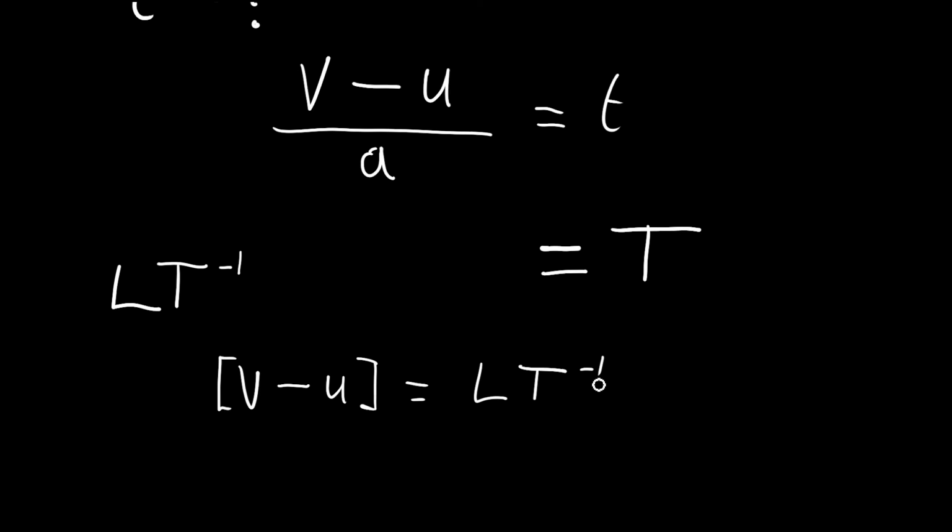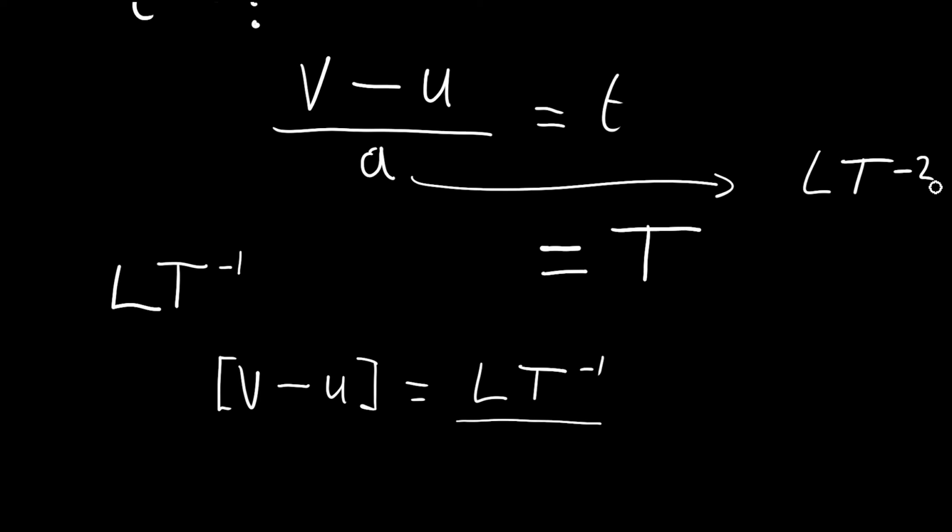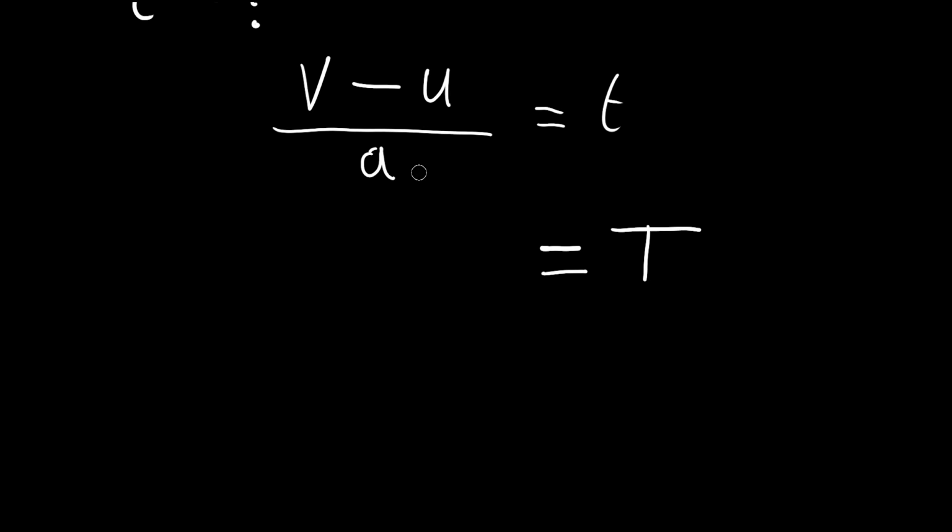And that's because when we subtract the initial velocity from the final velocity, we will end up with a velocity. And finally, the acceleration is a length over time squared. So we plug that into our equation. We have a length over time over a length over time squared.